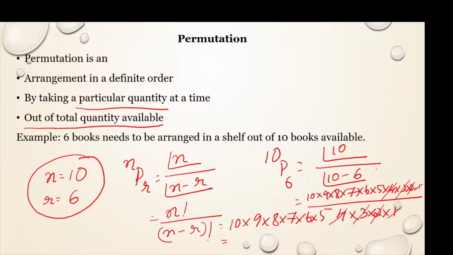If you multiply this, you will get 151,200. So 151,200 ways you can arrange 6 books out of 10 books available. This is how we calculate permutation. Permutation is arrangement of a particular quantity out of the total quantity in a definite order.